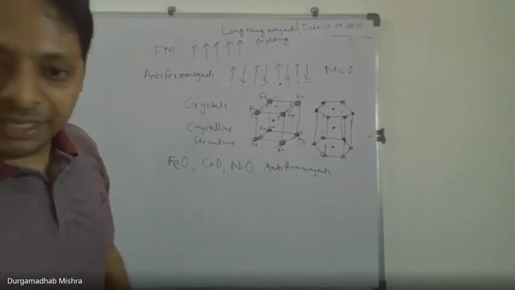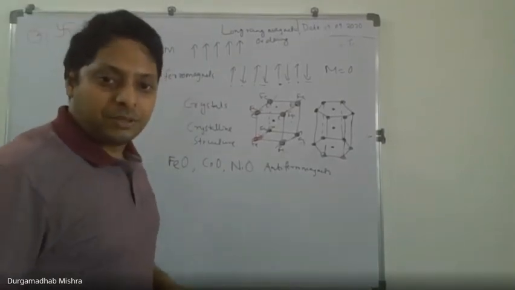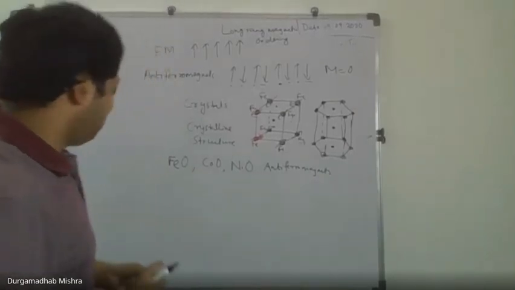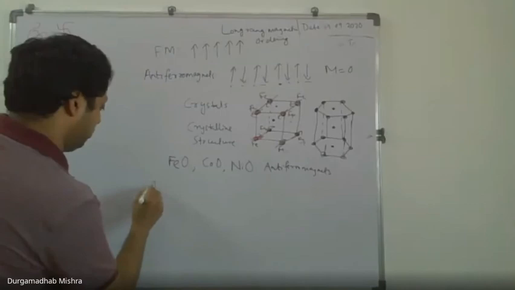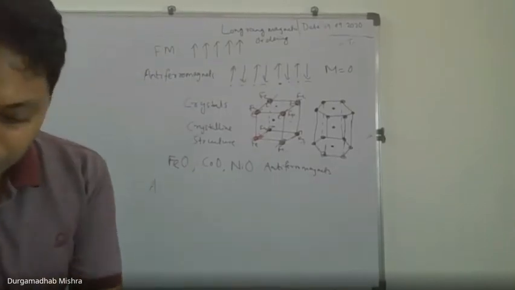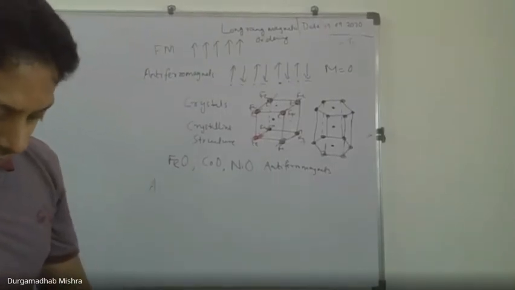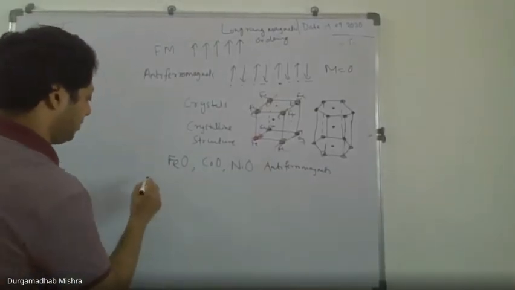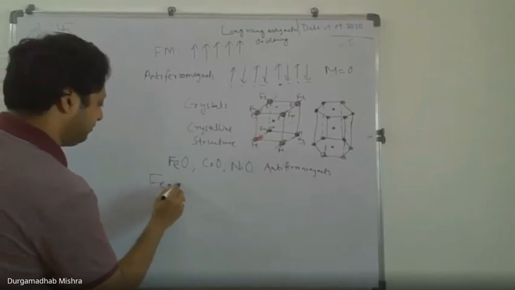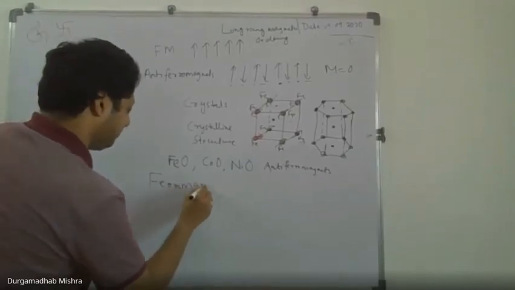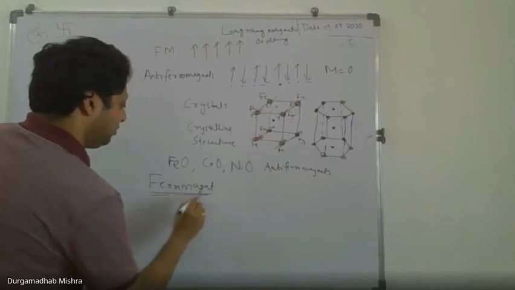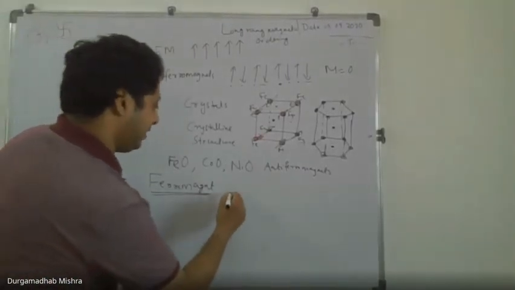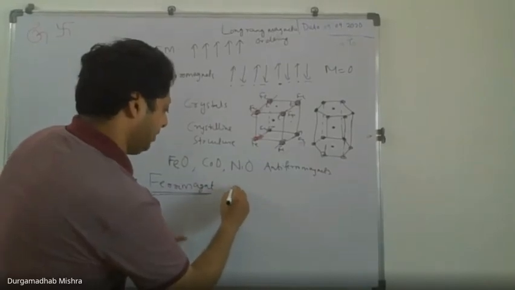Then similarly there is another kind of material, which is known as ferrimagnet. So what is a ferrimagnet?